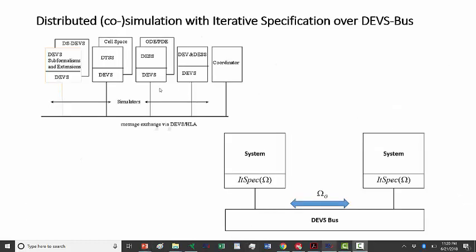A very quick mention of the iterative specification and its ability to extend the application of the DEVS bus concept.